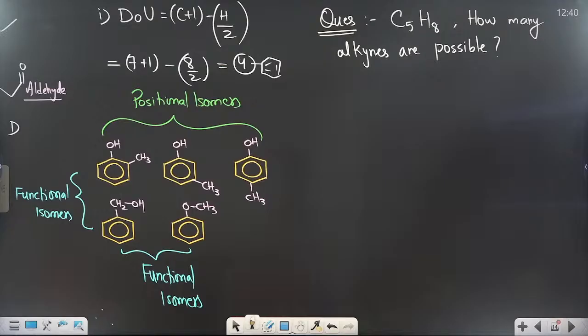Someone says 3. Sharanya says 3. Can you write the name of the 3 that you are telling, beta?